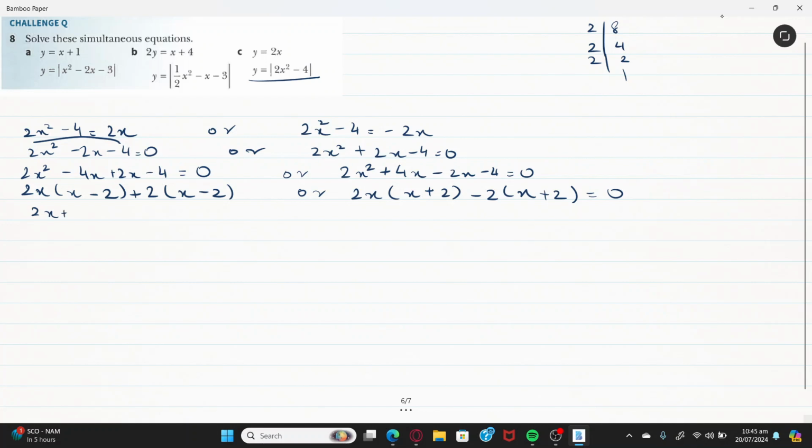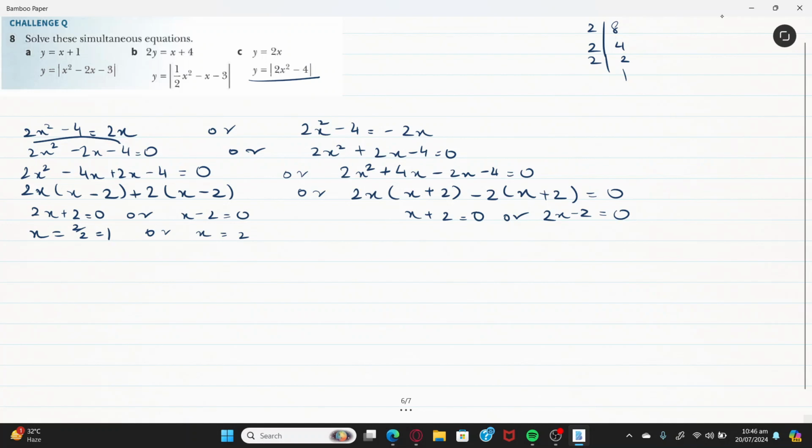Again, we are going to do this. 2x plus 2 is equal to 0, or x minus 2 is equal to 0. And for this, x plus 2 is equal to 0, or 2x minus 2 is equal to 0. And that's going to give us 2x is equal to 2, x is equal to 2 divided by 2, which is equal to 1 essentially. And for the second value, we have x is equal to positive 2.